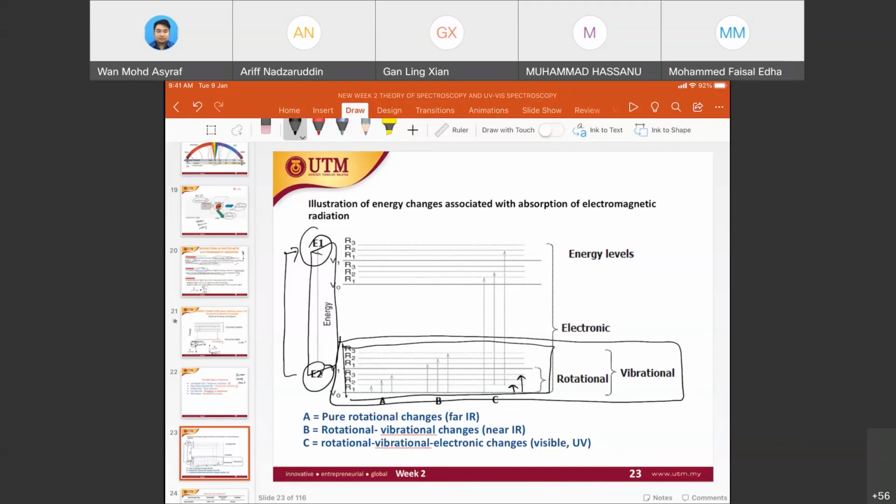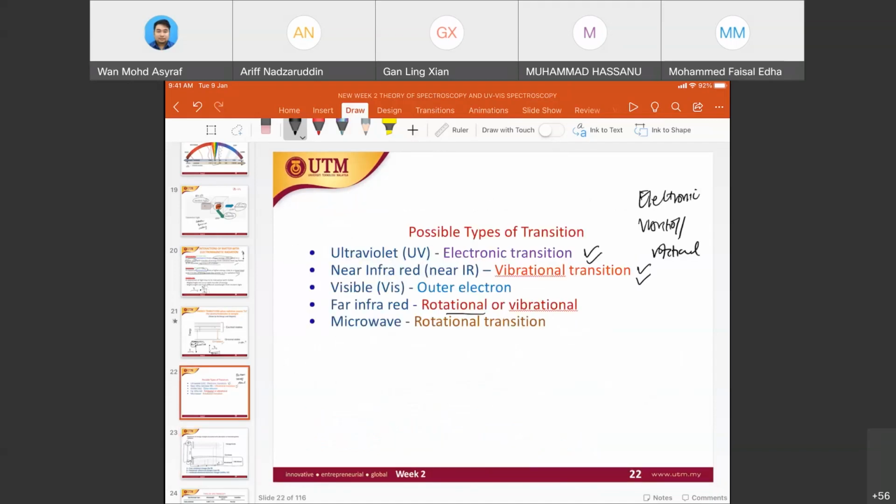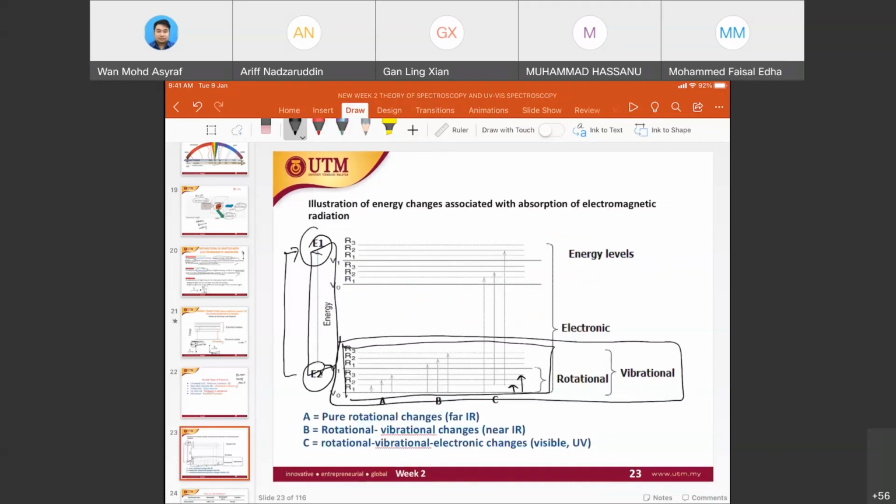Okay, do you understand? To understand better, maybe I can explain it like this. Earlier we looked at this, ultraviolet. And the slide before, can you explain it in English? The slide with the E1 and E2. Is it this one? Yes.